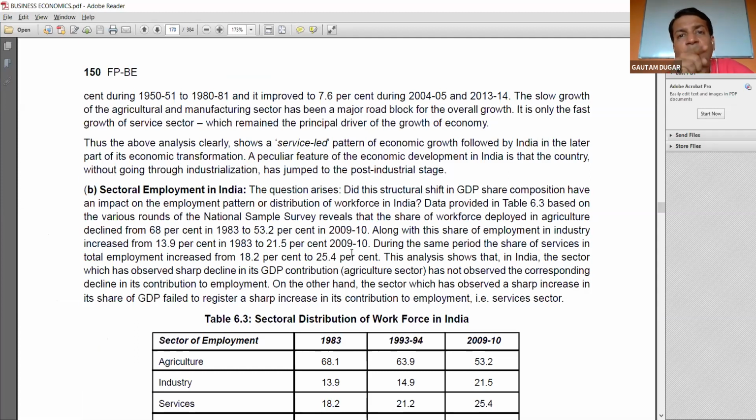And that is the reason why the majority of Indians are poor. Because so many people are employed in agriculture, but it is contributing very little. You know why? Because the agricultural productivity is low. That is, the productivity per hectare of land is very low in India. And that is the reason farmers are poor.